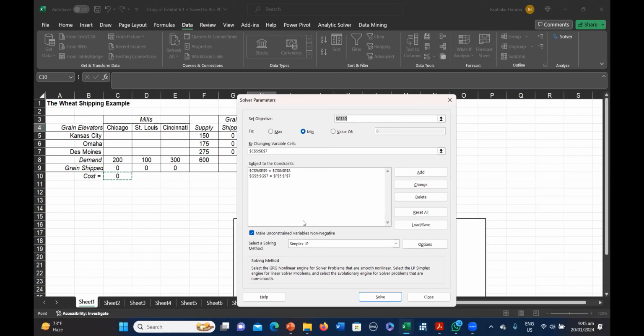So we have our demand constraint and then our supply constraint. The method is still simplex. So you can solve.